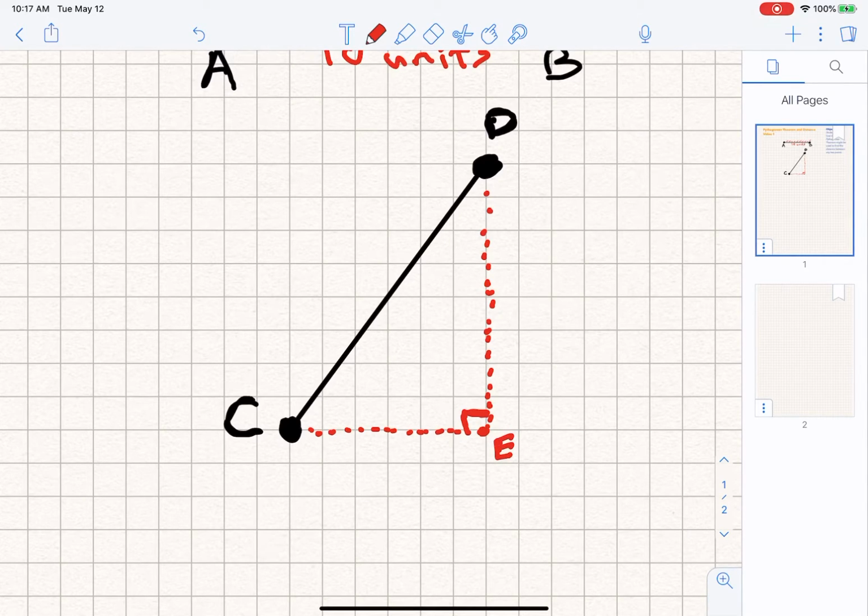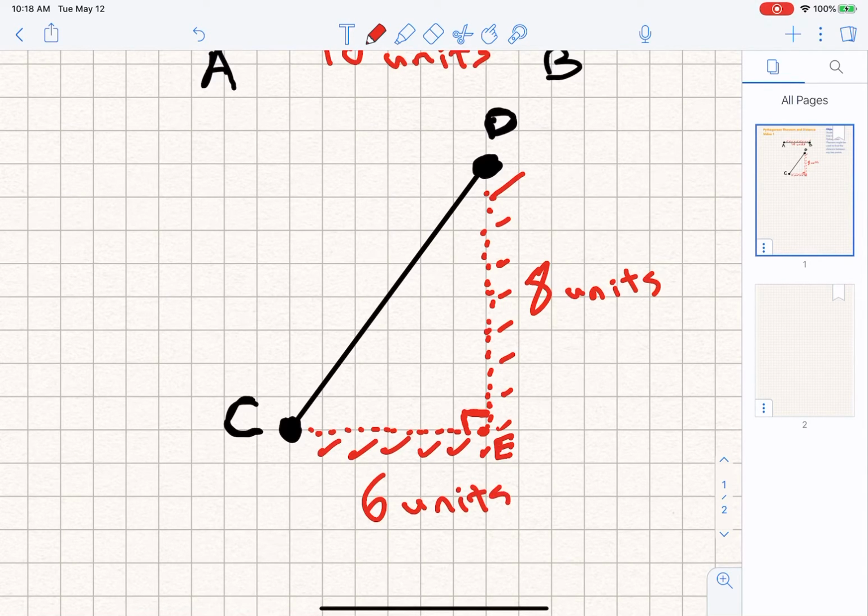Arbitrary point E is 1, 2, 3, 4, 5, 6, 7, 8. That's 8 units.